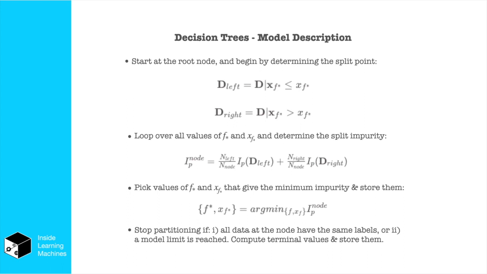Most typically, this is controlled through a parameter that defines the maximum depth of the tree, or the maximum number of times that we can partition the data. Once we've reached that limit, we simply compute the terminal values, which are the values that we will use as a prediction. So that is for our leaf nodes, and then we just store them.